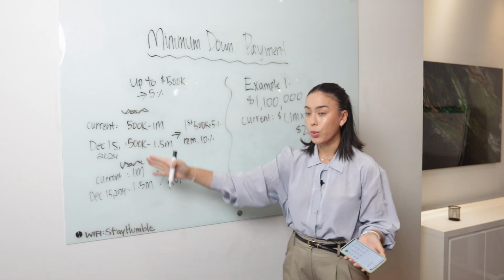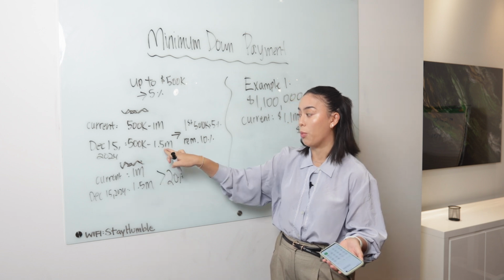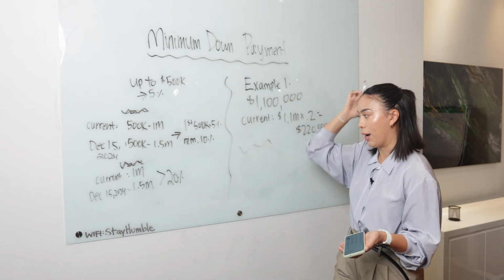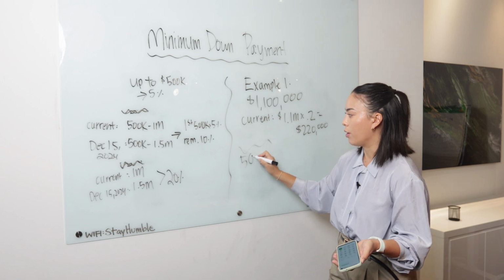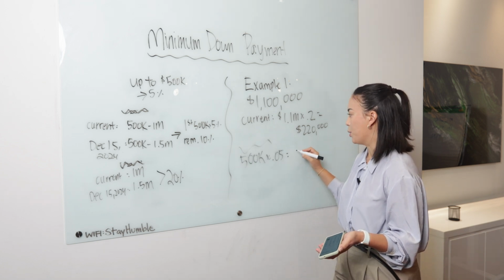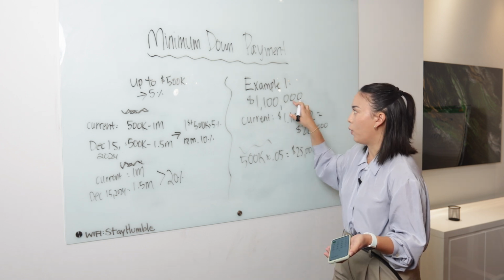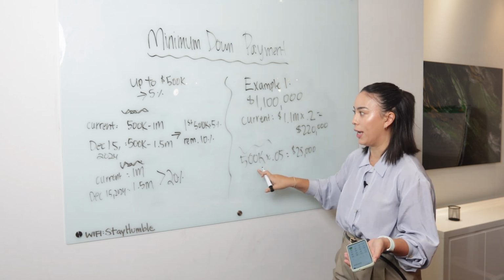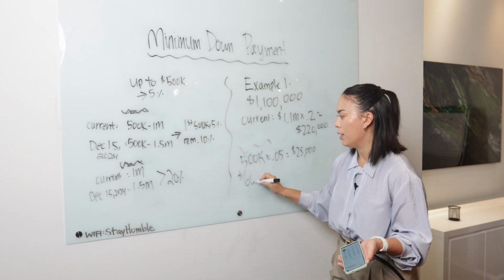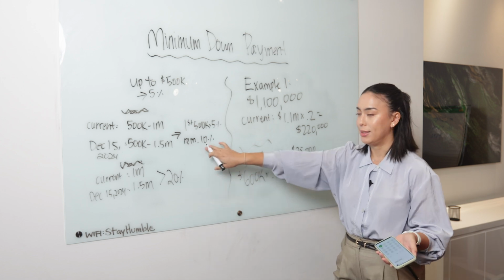Now, under the new rules, where as of December 15th, up to $1.5 million, you can work on this sliding scale, let's really show that impact. Again, we're working with the first 500K times that 5%, which is $25,000. So 1.1 million minus 500K means the remaining balance that we're working with under this new scheme is 600K, that we would then calculate at that 10% mark.